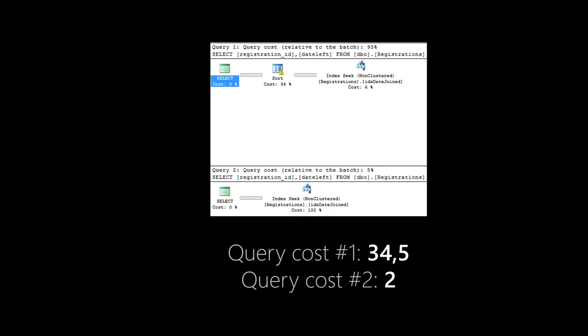But hey, it gets worse. There's a teeny tiny exclamation mark over here. And that is because this sort spilled to disk. SQL Server was not expecting the sheer amount of data coming back out of this. And the sort operation kicked the whole thing off its rails. So this means in this specific case that the sorting forced its way to disk.